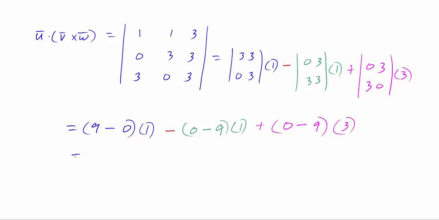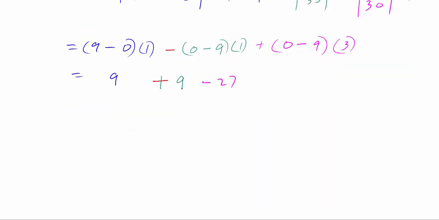So if we simplify each one of these, we would end up with 9 minus 0 times 1, which is 9. We have the minus sign here we don't want to forget. But then negative 9 times 1, so we have a negative 9 with a negative out front, so that's going to make this a positive 9. And then we have plus 0 minus 9, so that's a negative 9 times 3, which would be a negative 27.